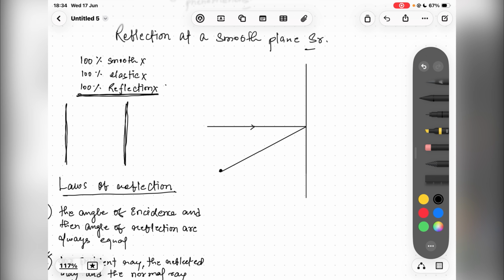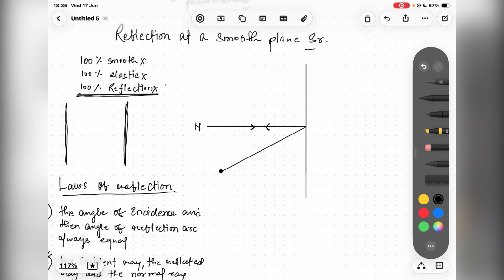This ray was shot at exactly 90 degrees at the mirror. So what happened is that this ray came, hit the mirror, and then traced its path back. So this is the normal ray.